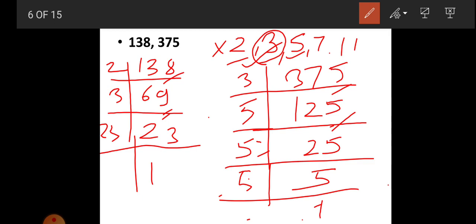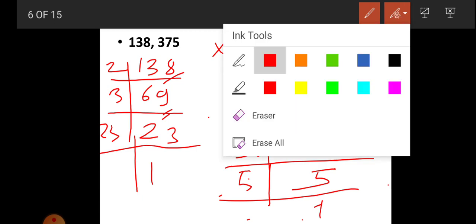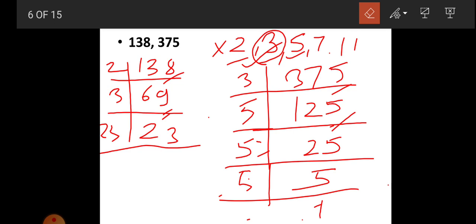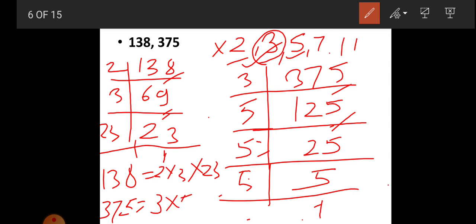So we write here 138 factors, 2 into 3 into 23. And we write here 375, 3 into 5 into 5 into 5.